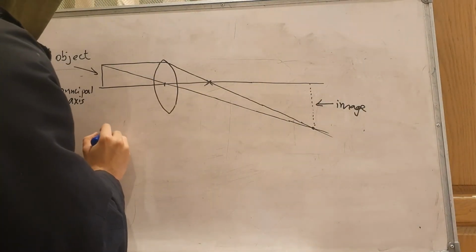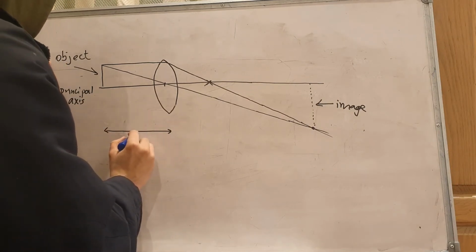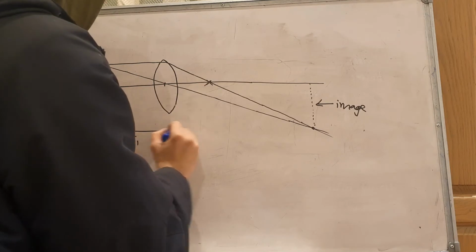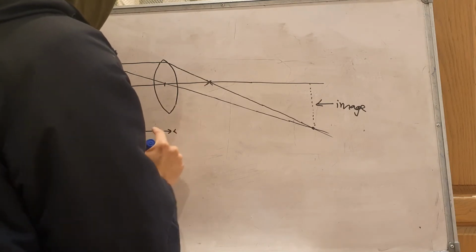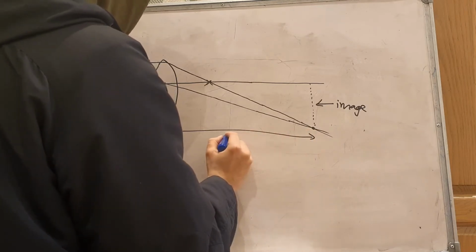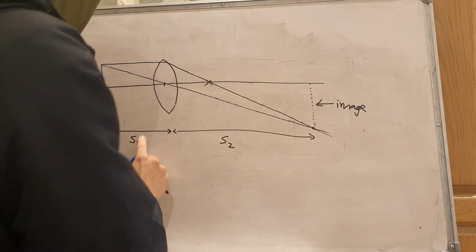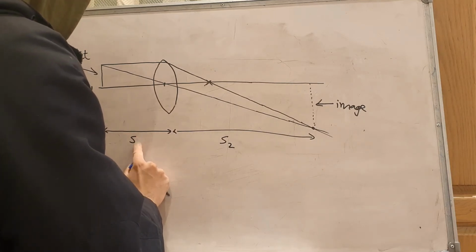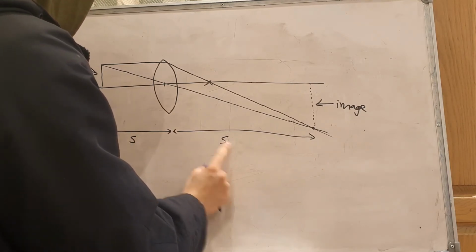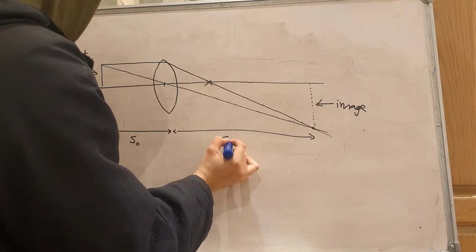and the distance from there to there is the object distance. So let's just call this S1, and from the lens to the image is S2, let's just say. Actually, let's call that SO and SI.